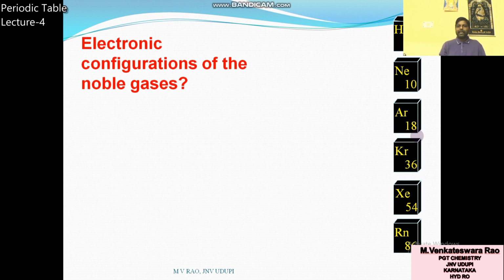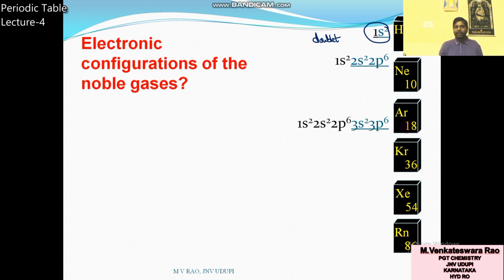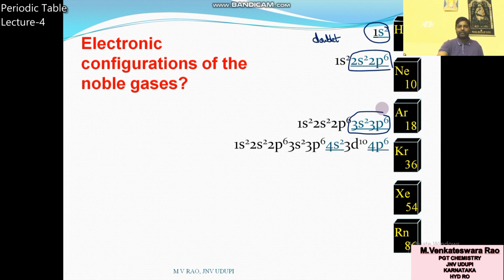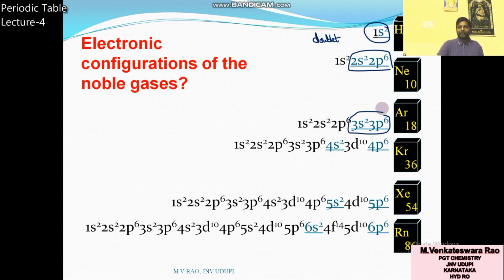So you can see the electronic configuration of these elements. Helium configuration is not an octet, it is called a doublet configuration, 1s2. Even though it is highly stable. Neon 2s2 2p6, octet. Argon 3s2 3p6, 8 electrons.